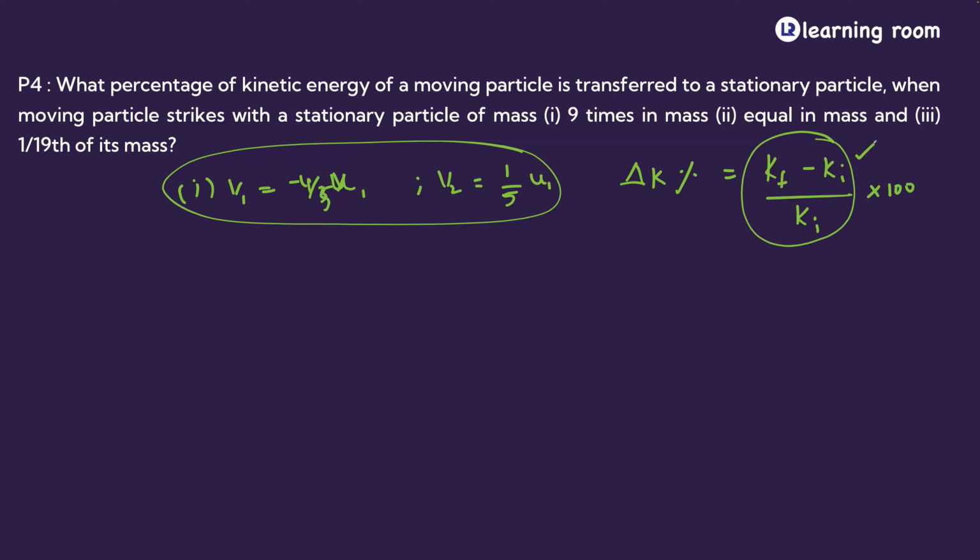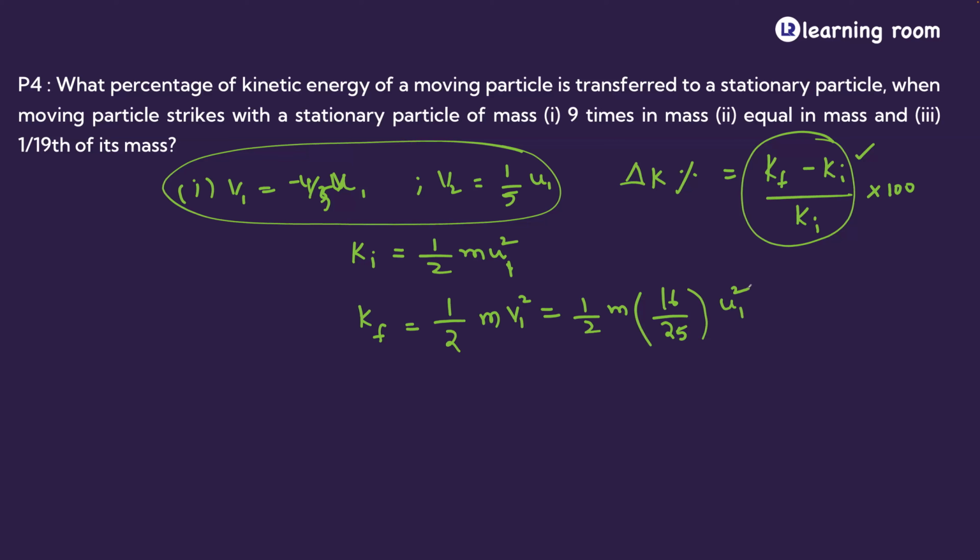So what is the initial kinetic energy of the particle? Half m u1 square. What is the final kinetic energy of the particle? It is going to be half m v1 square. So half into m into v1 square is 16 by 25 into u1 square.